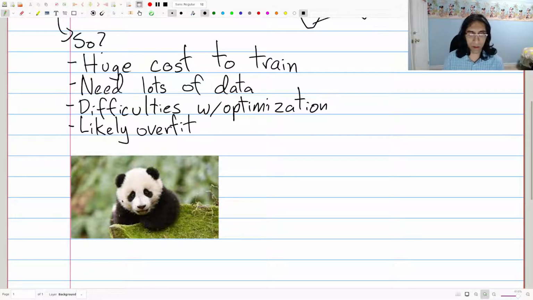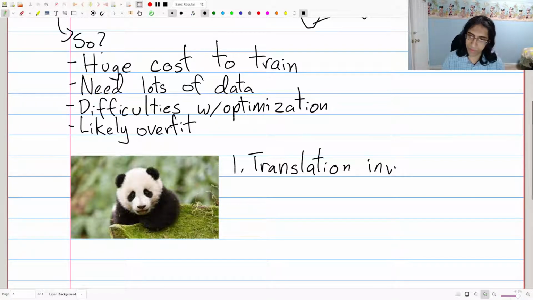It's in the middle, but no matter where in the picture it is, we would still say, okay, that's a picture of a panda. So one thing we have is something known as translation invariance. The principle here is that it doesn't really matter where in the picture the object is, it's still the same picture.